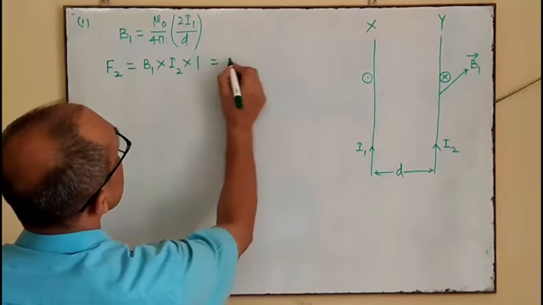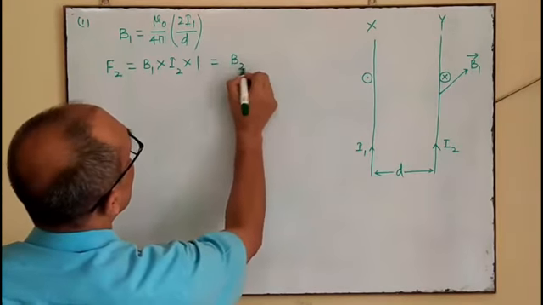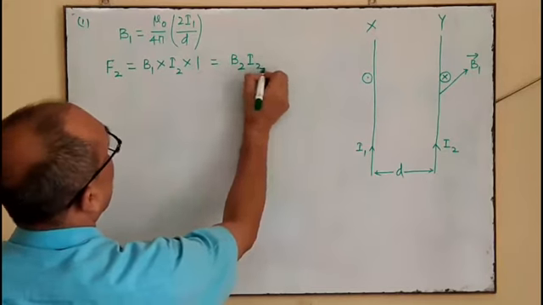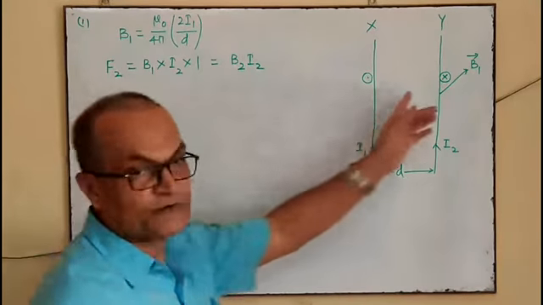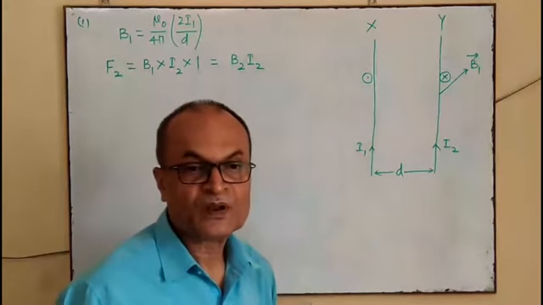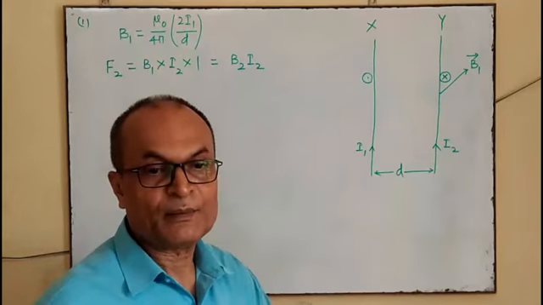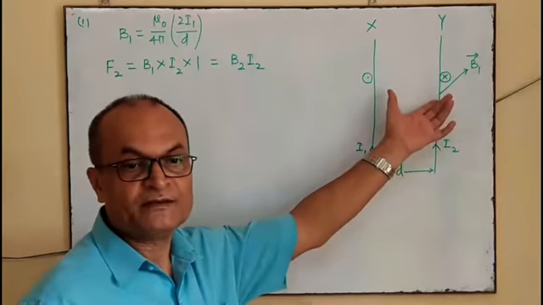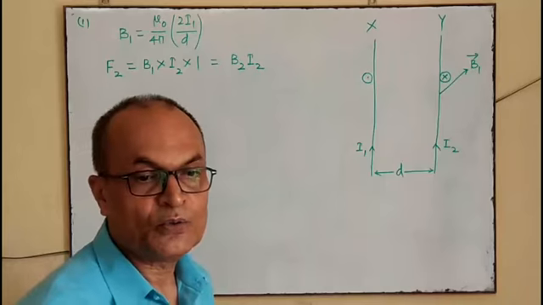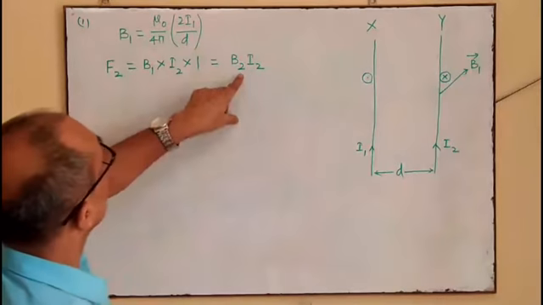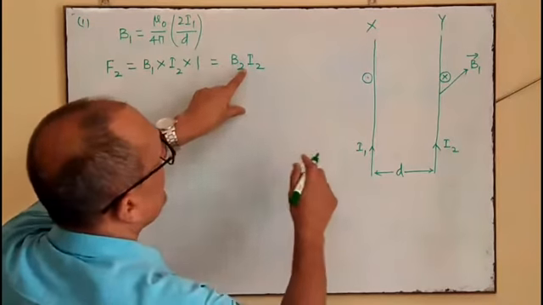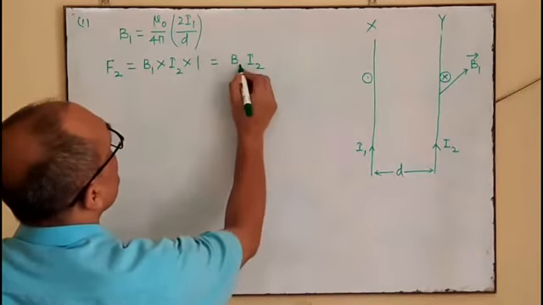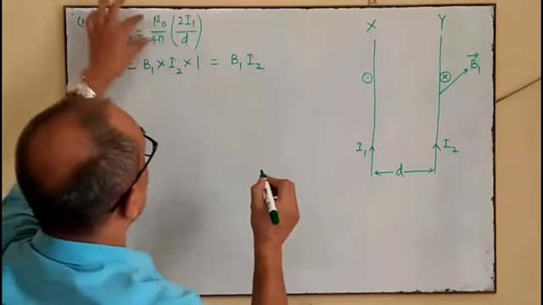Then it is B1 I2. This is the magnetic force. So we have calculated the magnetic force here. This is BIL. Now we are going to put in the value of B1 from here.